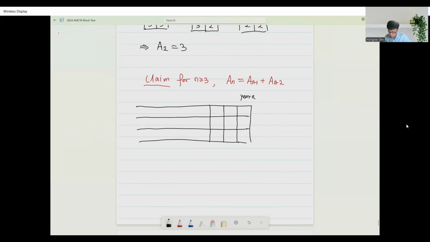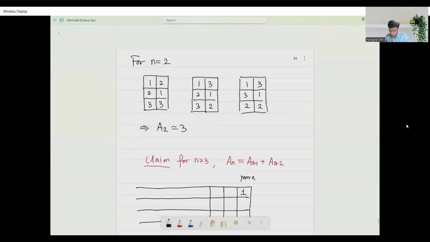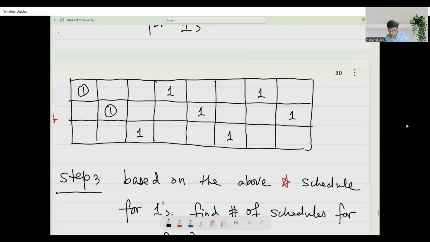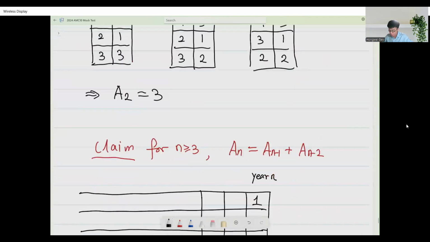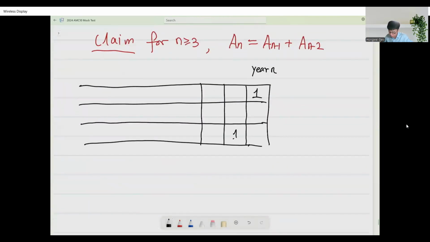So here, let me assume one is just on the top. If one's on the second row, the later discussion will be similar, and we have the same conclusion. So let me just discuss the case one's on the top. Now, based on our pattern, if on a certain year one is on the top, the previous year one is on the bottom, the year before that the one's in the middle. So we can determine the one from previous years here, and before that it's one here.